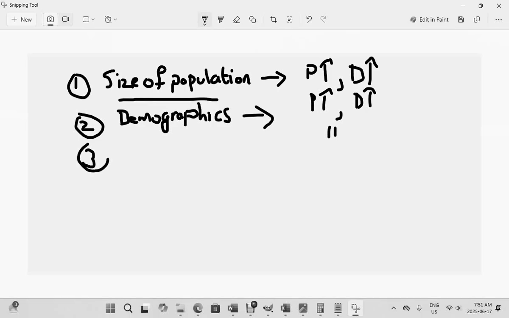Now, apart from the size of the population, you also have the taste and preference of the population. For example, one person may have a taste for a muscle car that makes a lot of noise, while another may have a taste for something quieter for his or her commute.